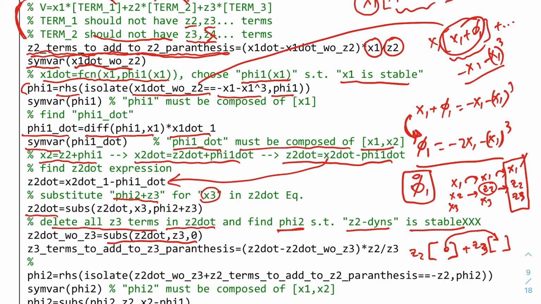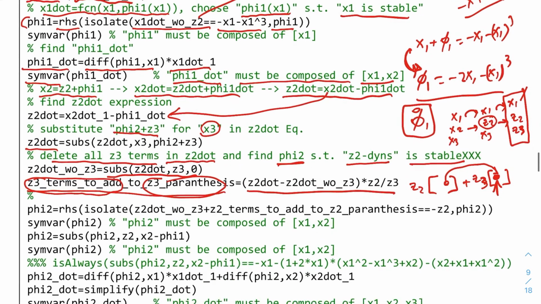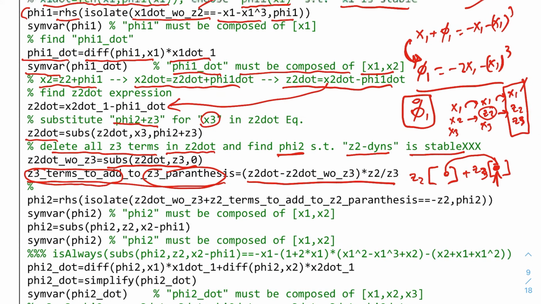First substitute 0 for z3, and then find the term that you need to put into the z3 parenthesis, the z3 terms to add. I am aware it looks complicated.